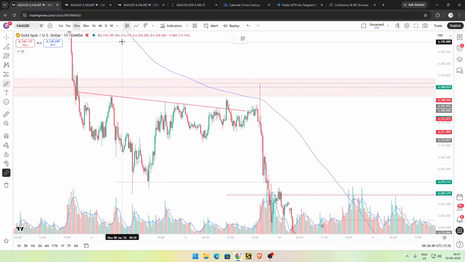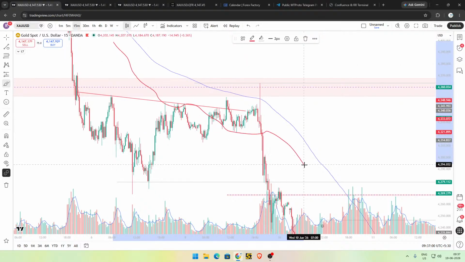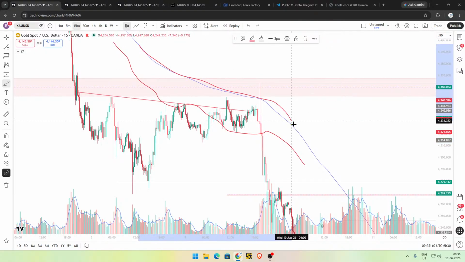This setup would have worked very nicely if the moving average came like this and it formed like this, and at that time it might have gone very nicely in the upward direction. But as the moving average is over the price, that is why it didn't work nicely.